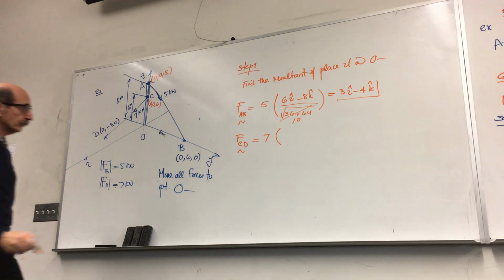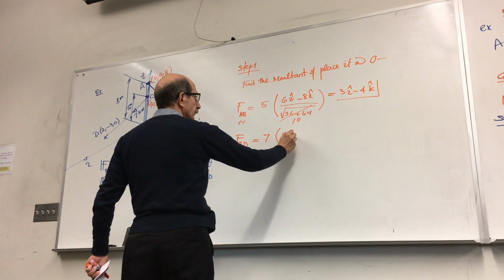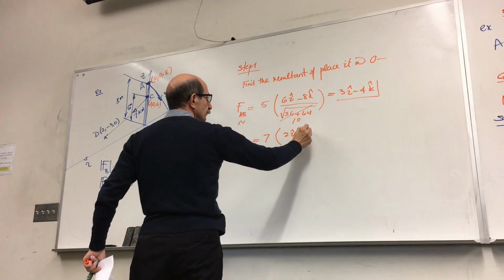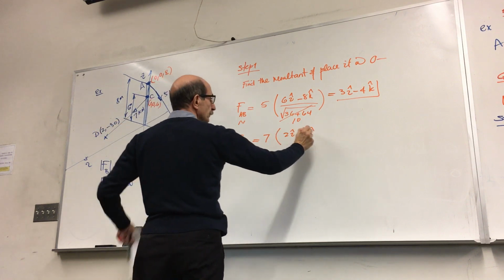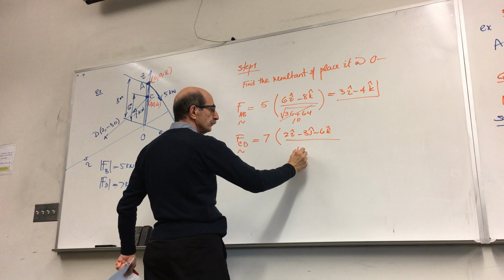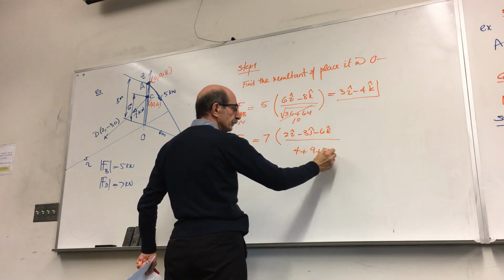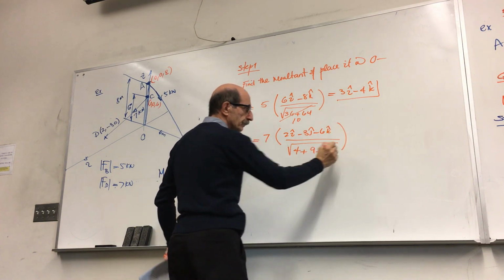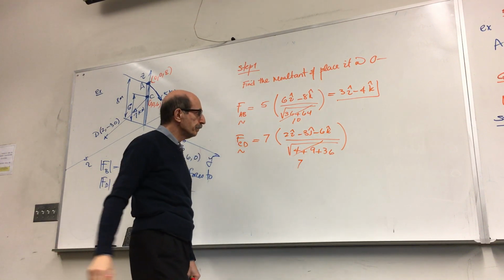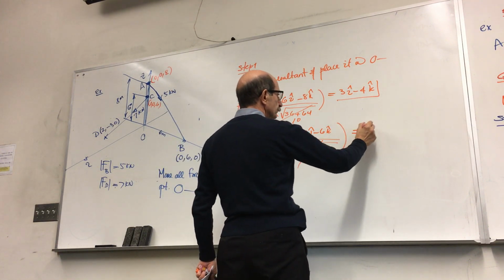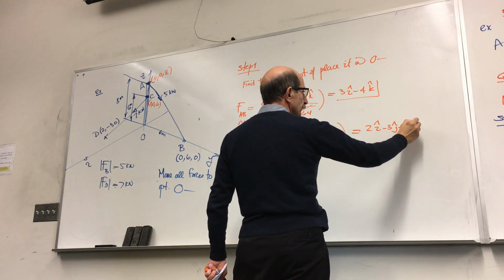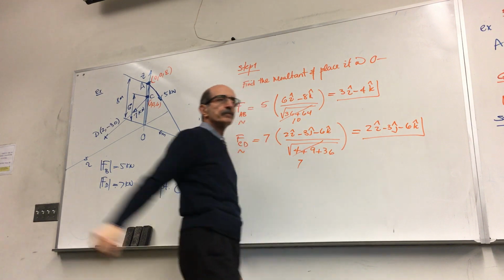So you have 2 minus 0, 2I, 0 minus 3J, 0 minus 6K, divided by the square root of 4 plus 9 plus 36. Okay, this is 49, so it would be 7. So the outcome is 2I minus 3J minus 6K.